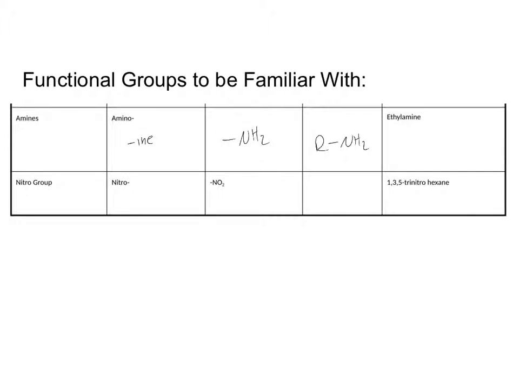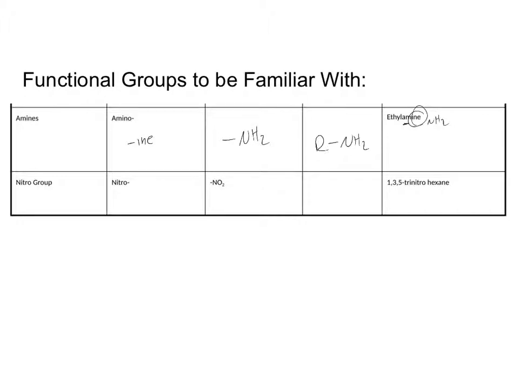Then with ethylamine, the amine or INE ending tells me it's my NH2 group. The A tells me it's all single bonded. The ethyl part tells me it's a 2 carbon long chain.